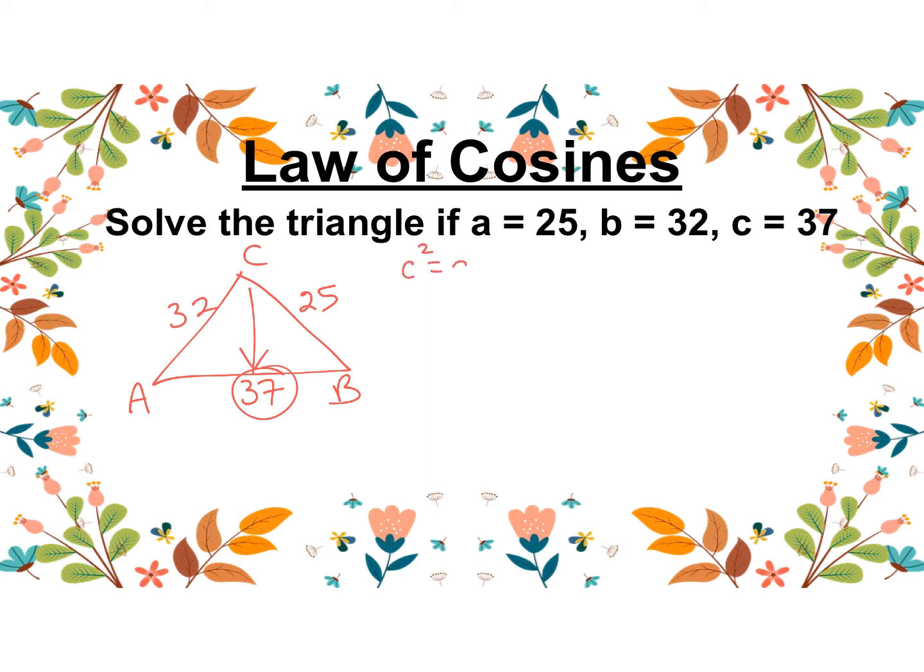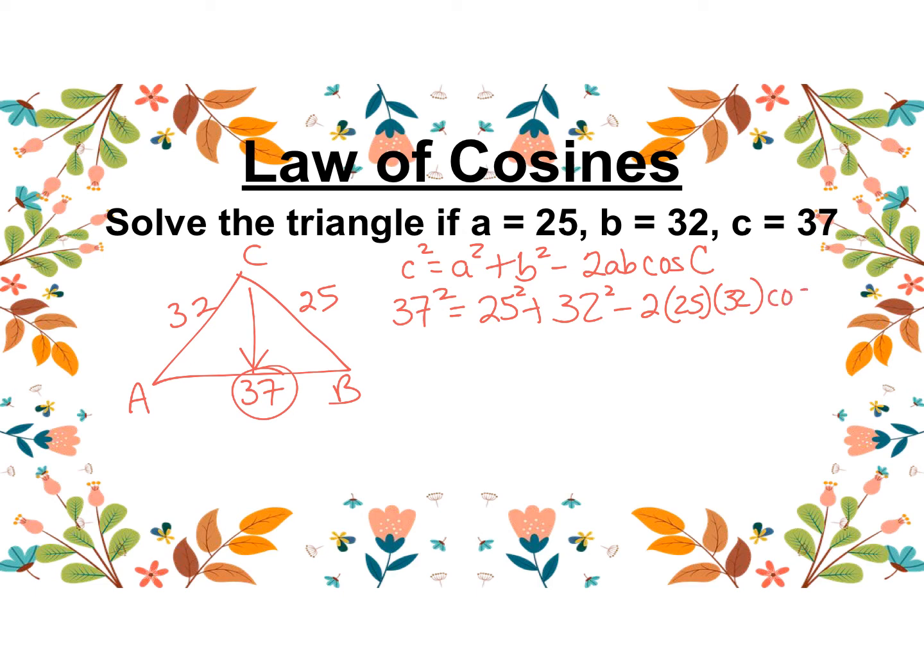So C squared equals A squared plus B squared minus 2AB times the cosine of C. So I do know C squared, 37 squared. I know A is 25 squared. B is 32 squared minus 2 times 25 times 32 times the cosine of some unknown angle C.